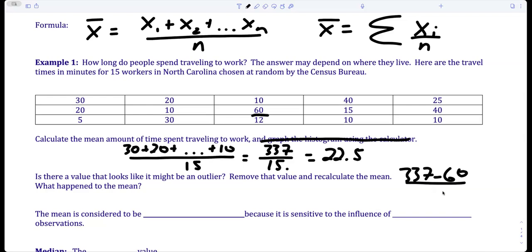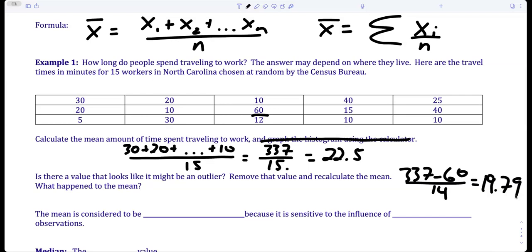Because we removed one of them. And so 337 minus 60 divided by 14, we get 19.79, something like that. And so what happened to the mean when we removed the potential outlier there?